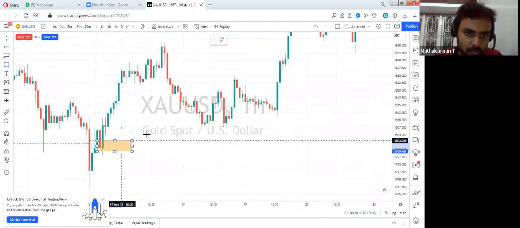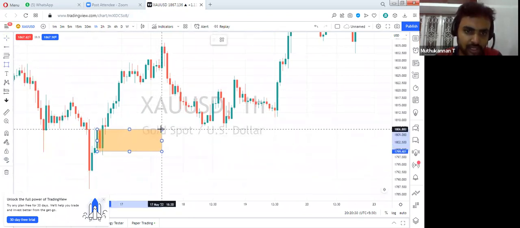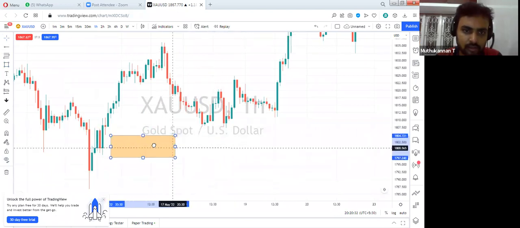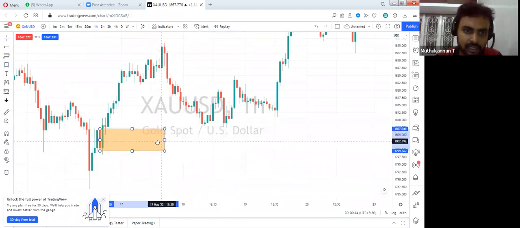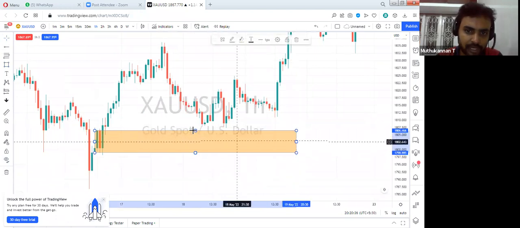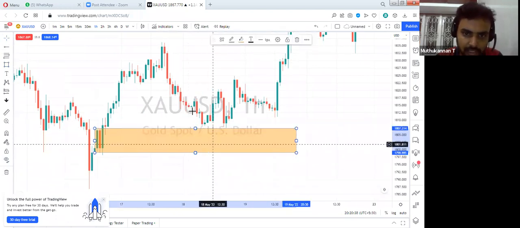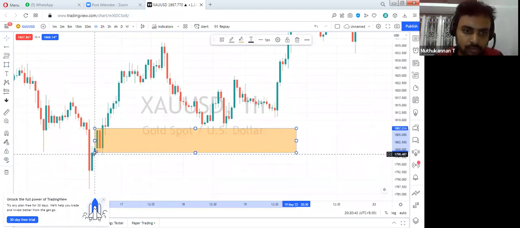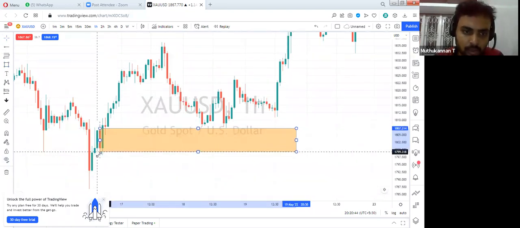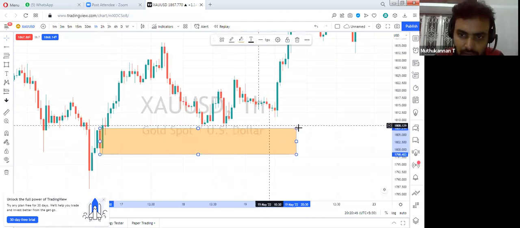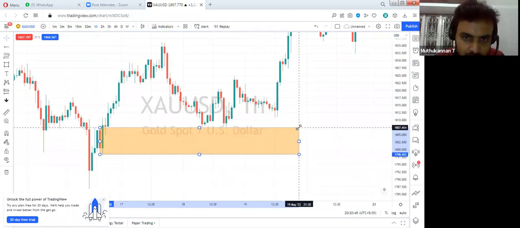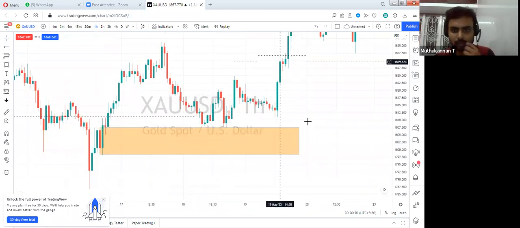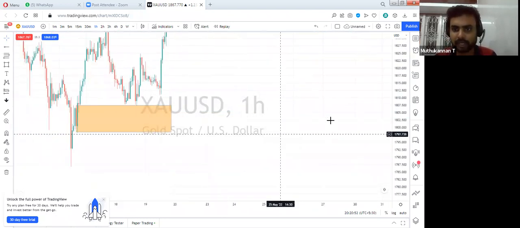Why did I choose this last bearish candle? And you guys can see price is mitigated a little bit. It touched it slightly here and has gone up. So I can say that the order block is mitigated in this area. In future also it may mitigate again.